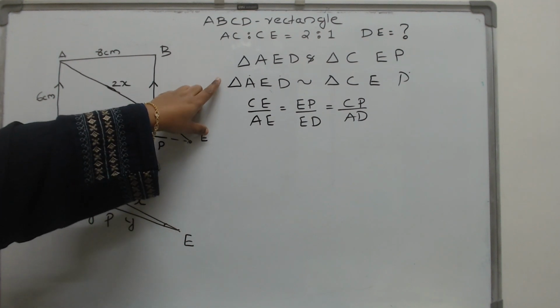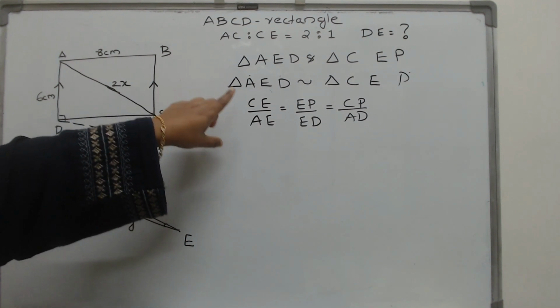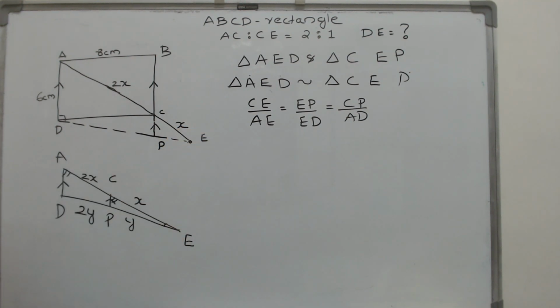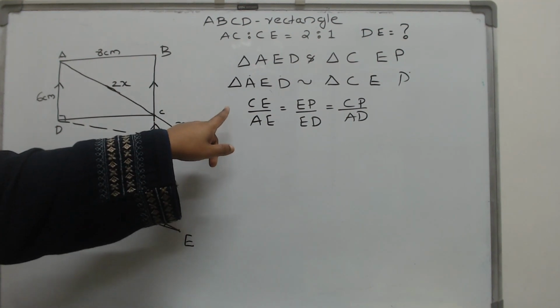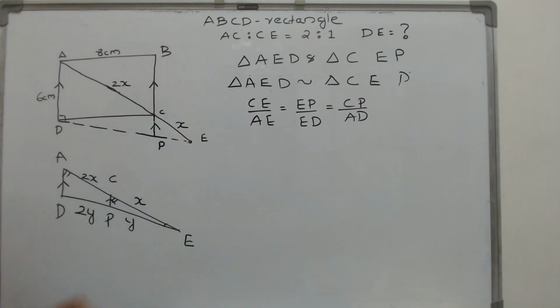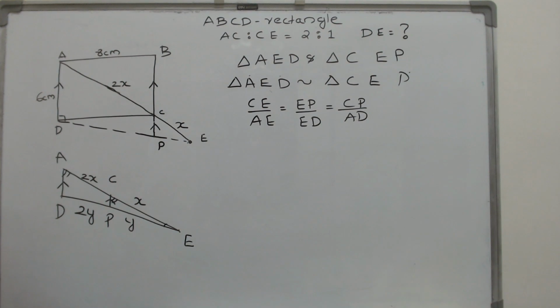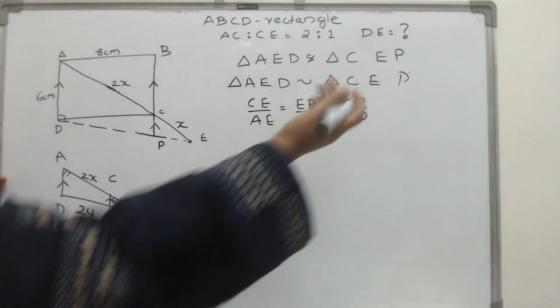Now if two triangles are similar, then the ratio of their corresponding sides are equal to one another. So you get such three equal ratios. Now do we know the value of any one of these ratios? Look carefully and tell me, do we have any information about any of these three ratios?